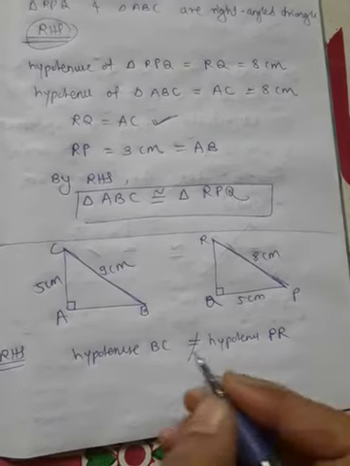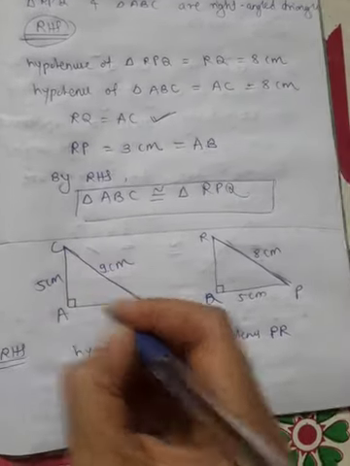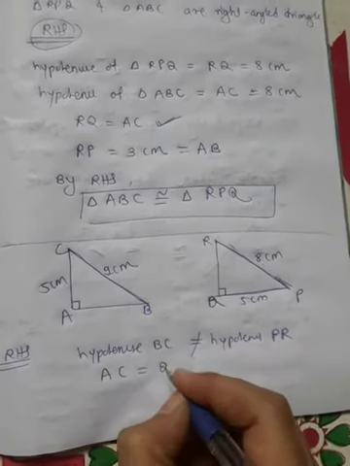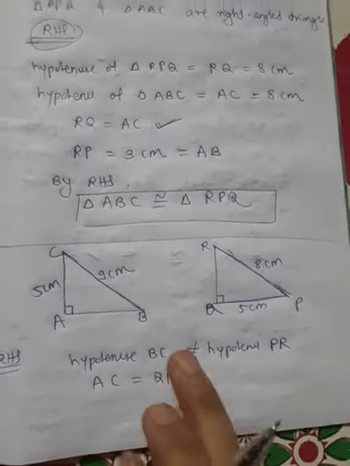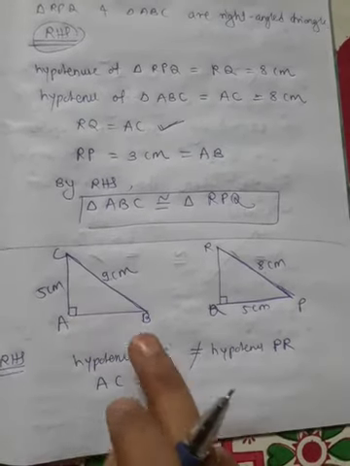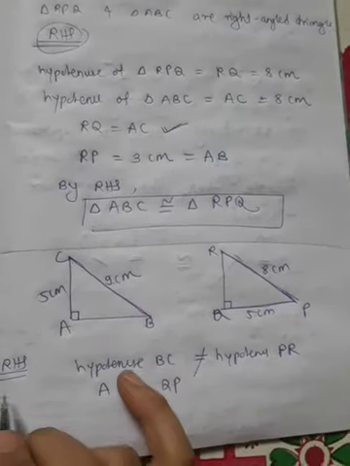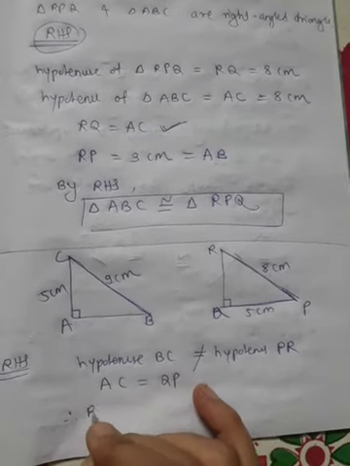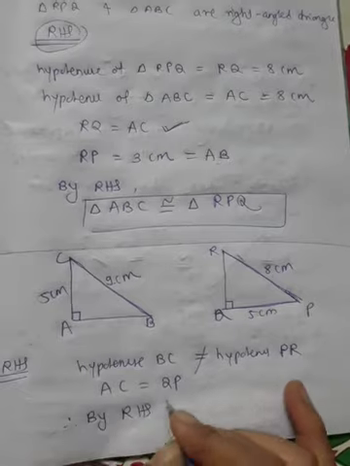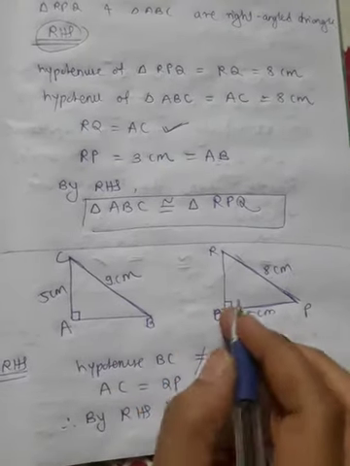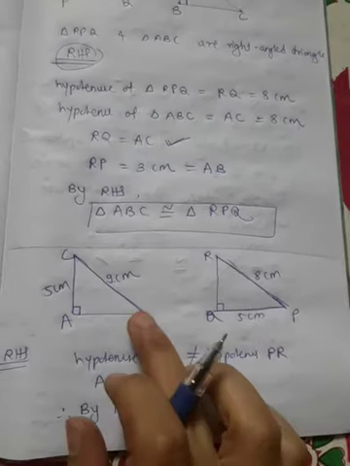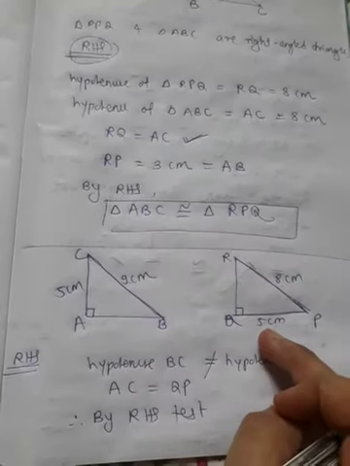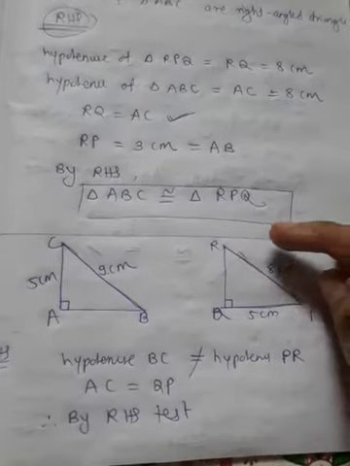PR. Okay, but we have one side is equal, means AC is equal to QP. Okay, one side of right angle triangles are equal but hypotenuse are not equal. So here this test fails, and therefore by RHS test you can say these two right angle triangles are not congruent. Why? Because their one side is equal but hypotenuse is not equal.